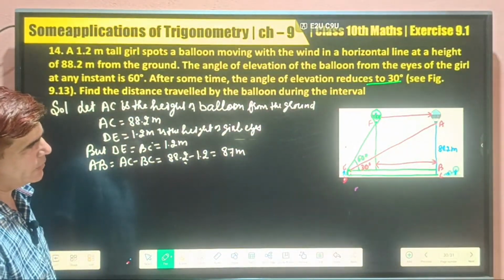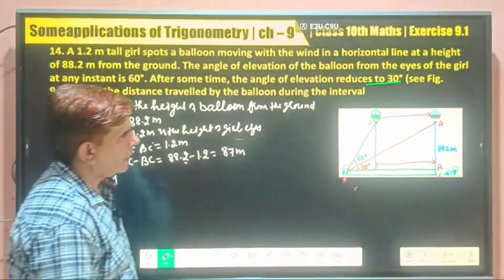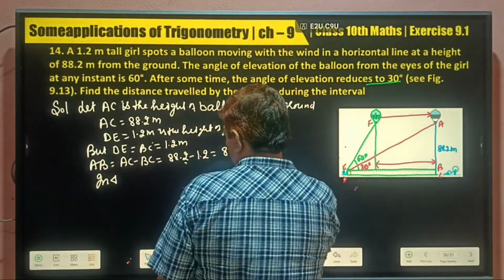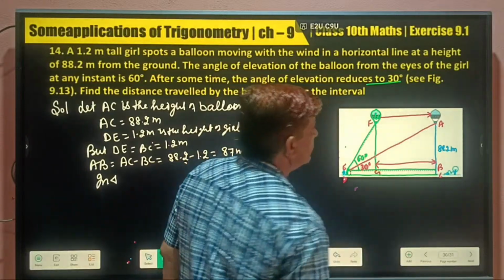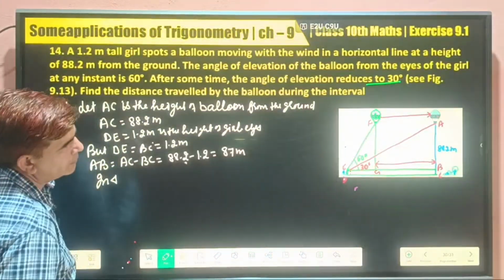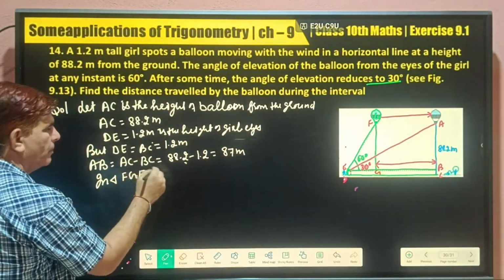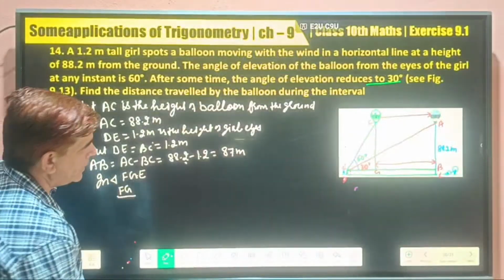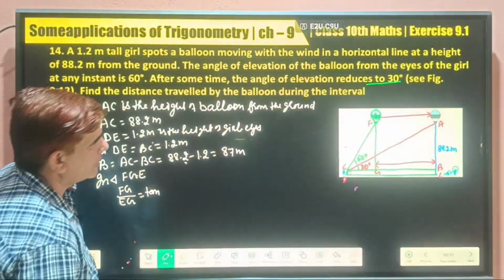So which triangle can we take first? We can take triangle FGE. In triangle FGE, FG by EG is equal to tangent how many degrees? 60 degrees.